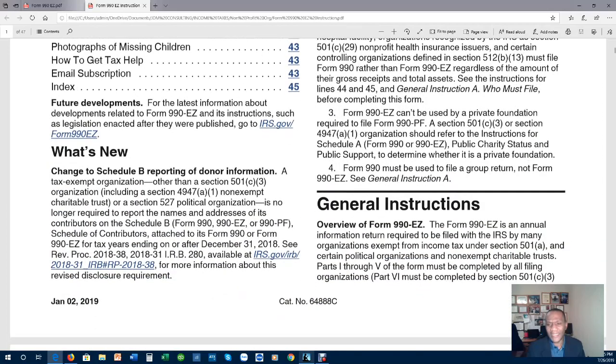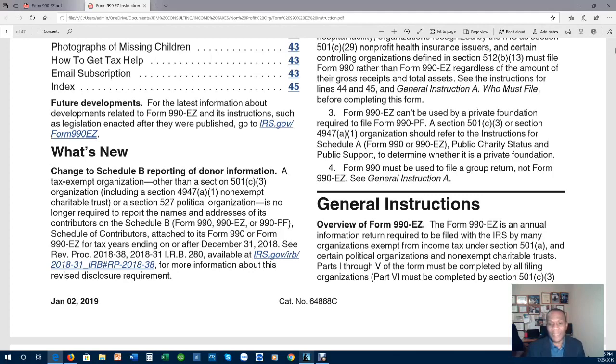But the most important aspect of that instruction I'd like to go over is what's new, as we have already done a video regarding the schedules that are related to Form 990 EZ. So basically, what's new? There were some changes to Schedule B reporting of donor information.